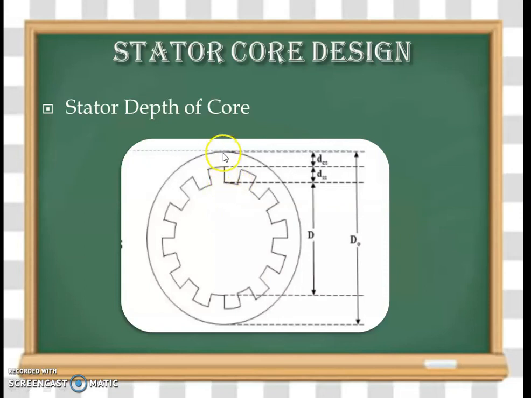And then we have to consider the depth of the stator core. So DCS, C is for core and S is for stator. So the depth of the stator core. Eventually, while calculating our overall diameter, we have to consider the depth of the slot as well as the depth of the core.